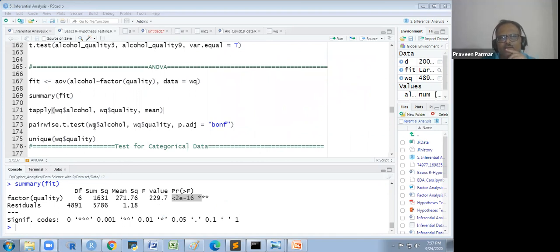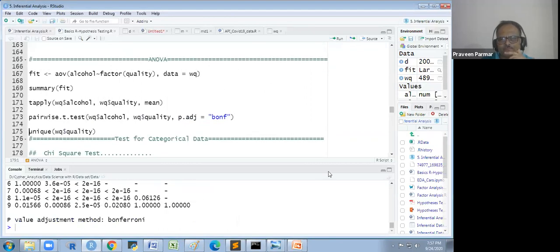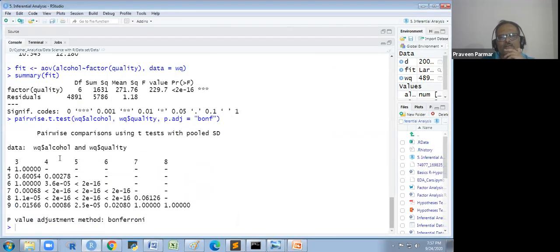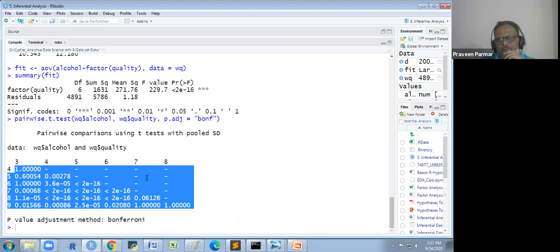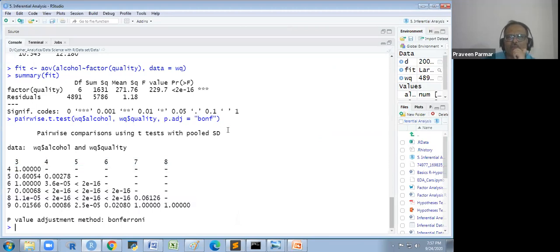Pairwise t-test, wine quality, alcohol, wine quality, quality. For p adjustment, I am taking the Bonferroni method. There are various methods. You can see the syntax of this. Look at this. These are the p-values basically. Pairwise comparison using t-test with pooled SD, with the Bonferroni p adjustment method.